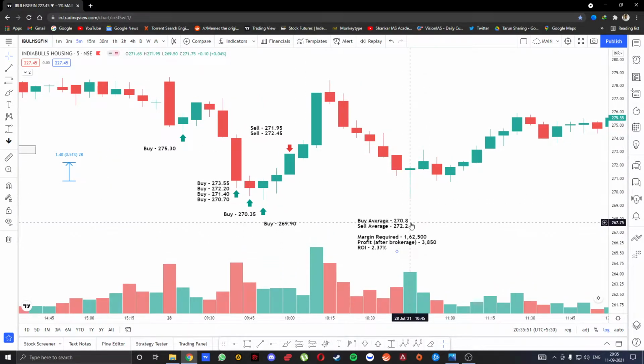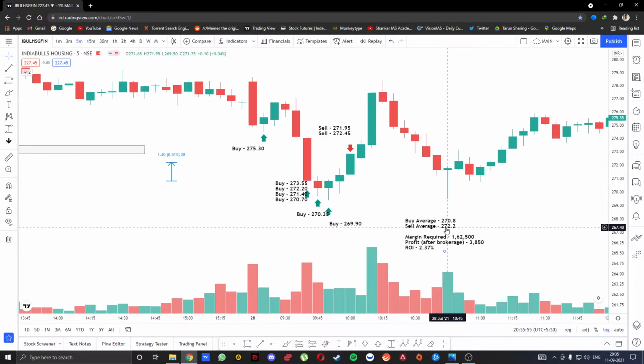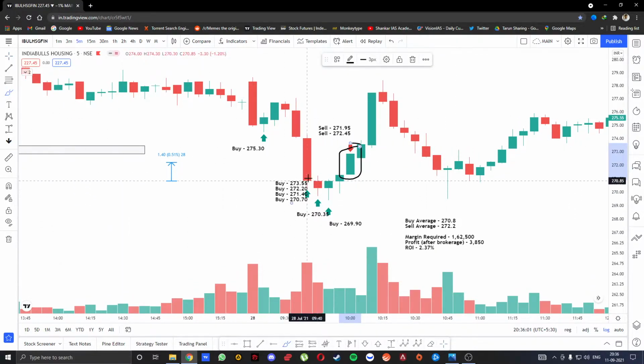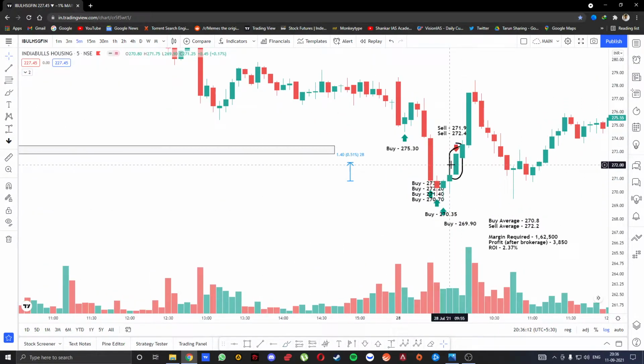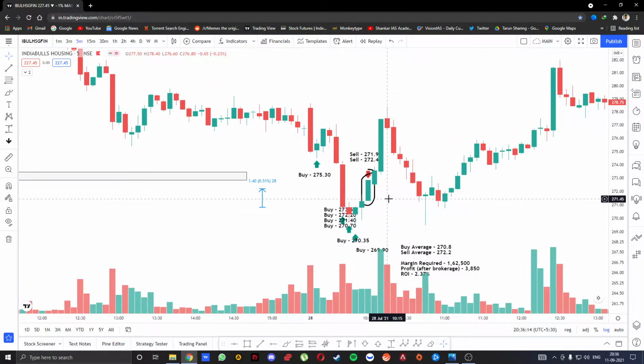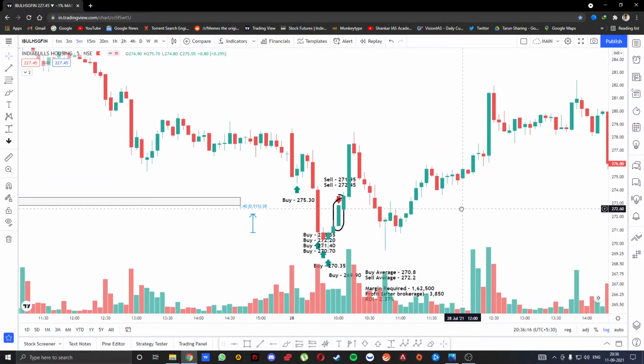Now the buying average came at 270.8, and I sold at an average price of 272.2. In this candle I sold right here, but as you can see the stock continued higher. But as we have talked multiple times, in live trading we don't know all this, so I just exited my position here.